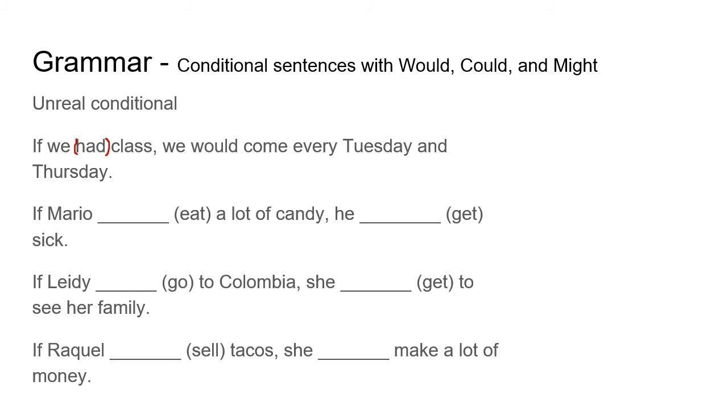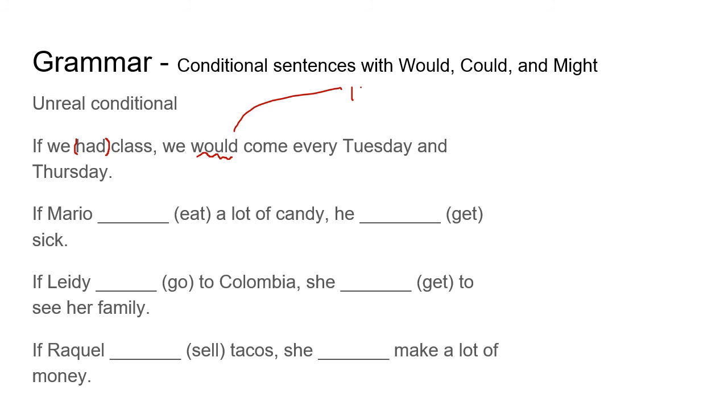If we had class, we would come every Tuesday and Thursday. We use would when we are 100% sure or certain, and we use could if you are less certain.